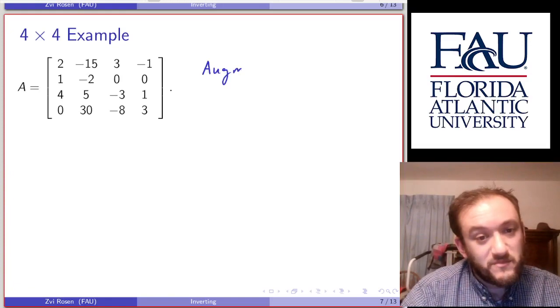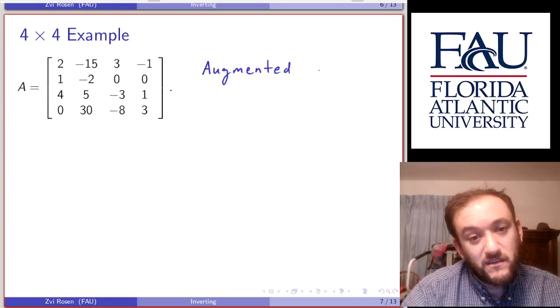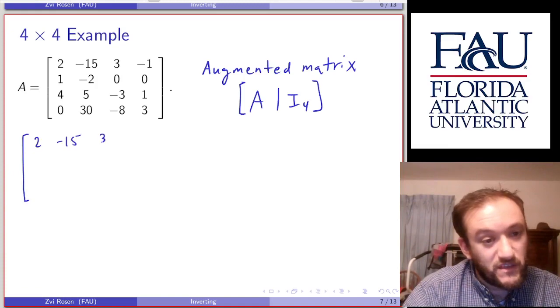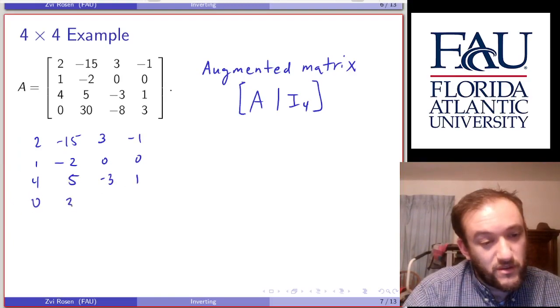The augmented matrix should look like A I4. So we have 2, minus 1, 5, 3, minus 1, 1, minus 2, 0, 0, 4, 5, minus 3, 1, and 0, 3, 0, minus 8, 3.